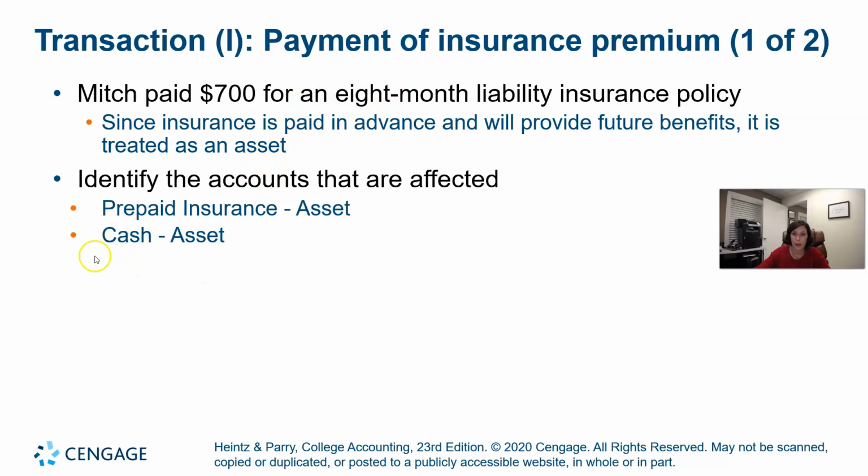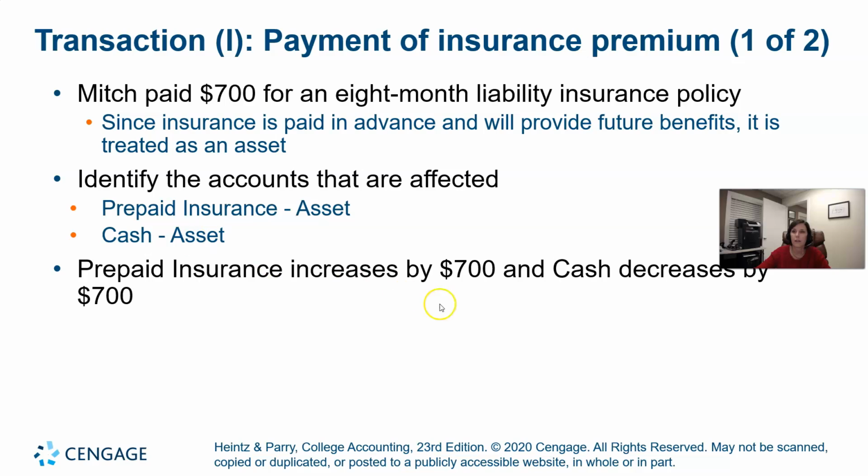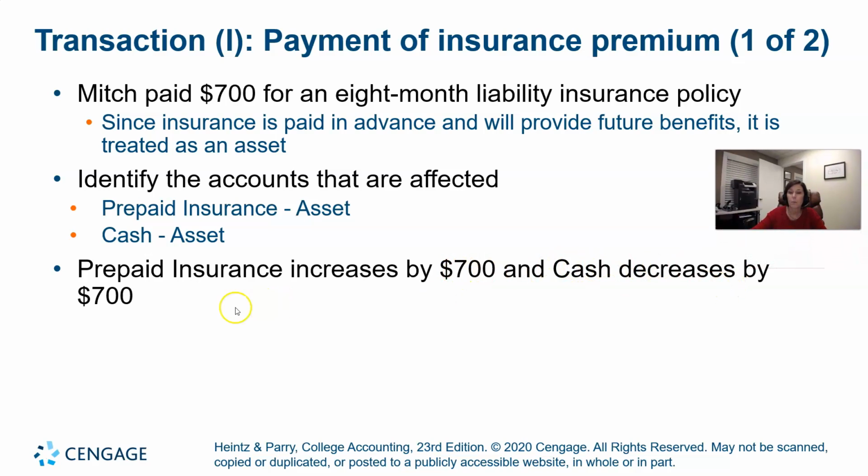So we've got our cash that's being impacted, and now we have a new account called prepaid insurance, which is an asset. And again, why is it an asset? Because if he cancels the policy tomorrow, he gets his money back, and he would get it back in the form of cash, and that's an asset as well. So our prepaid insurance account goes up by $700, and our cash is decreased by $700.